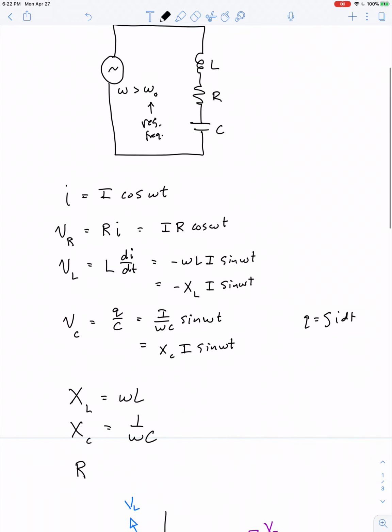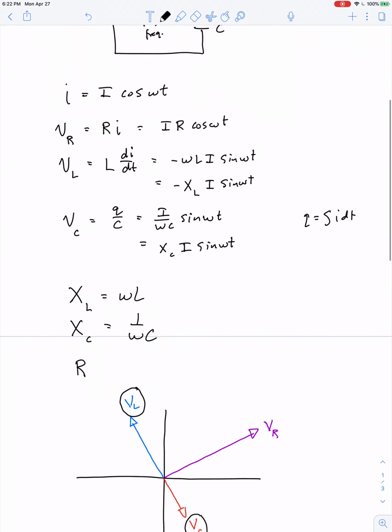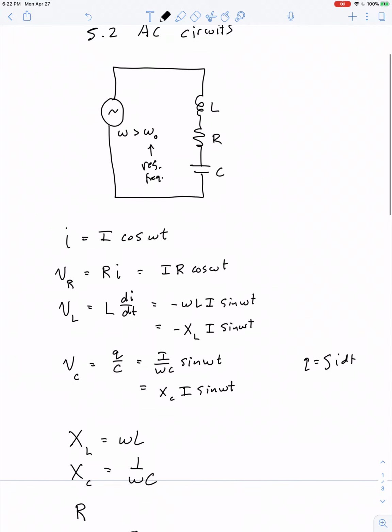The reason I know it's a greater frequency is because you can see the voltage across the inductor is a longer vector than the voltage across the capacitor, and the only way voltage across an inductor would be greater than voltage across a capacitor is if omega is large. There's a direct relationship. As omega goes up, voltage across an inductor goes up. As omega goes up, voltage across a capacitor goes down.